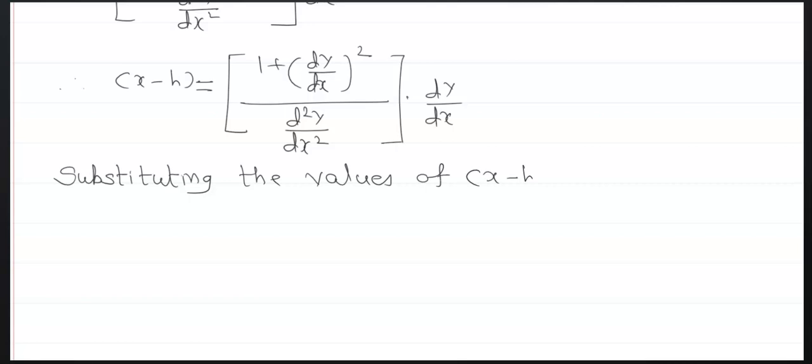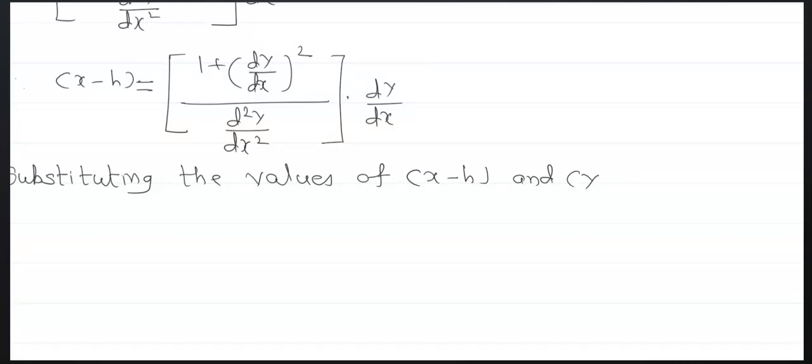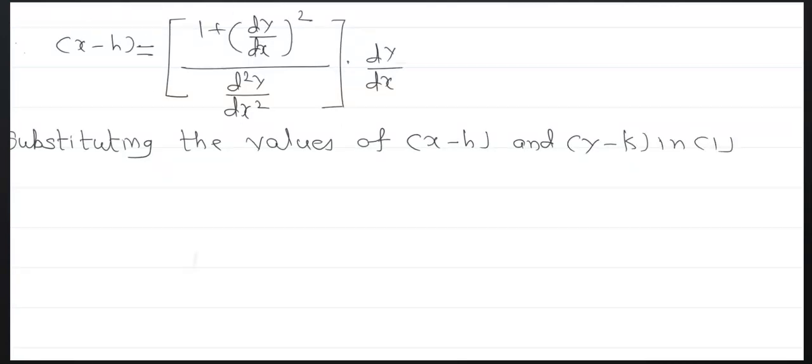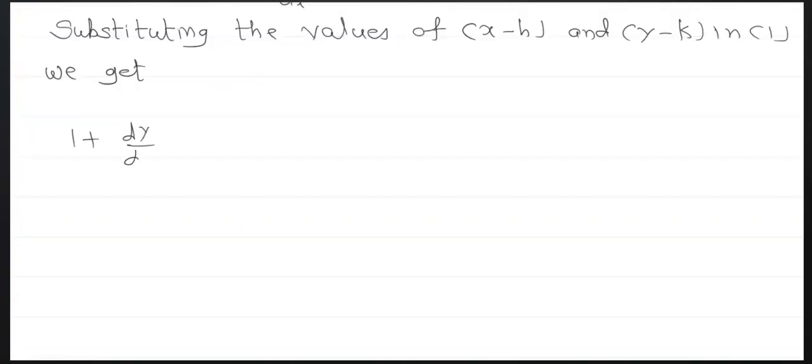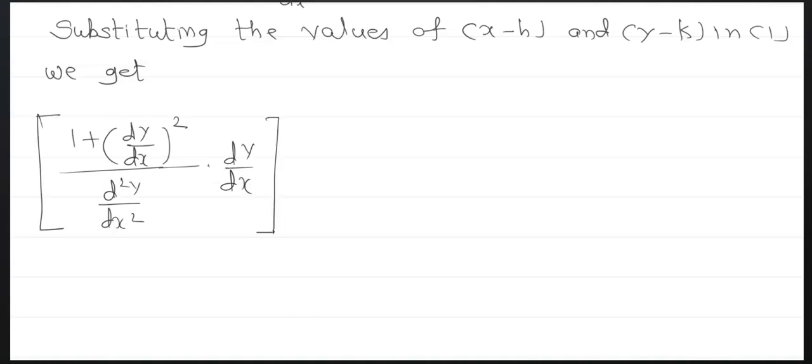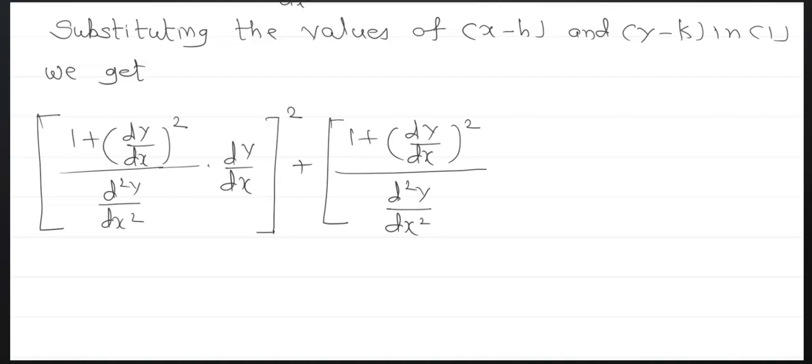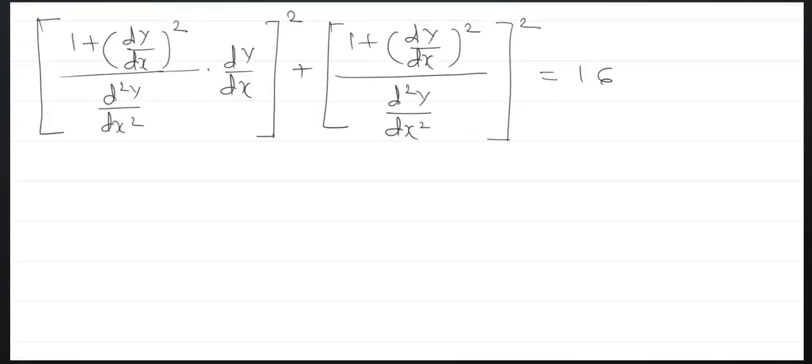Substituting the values of x minus h and y minus k in equation 1, you will get ((1 plus (dy by dx) square) upon d2y by dx square into dy by dx) whole square plus ((1 plus (dy by dx) square) upon d2y by dx square) whole square is equal to 16.